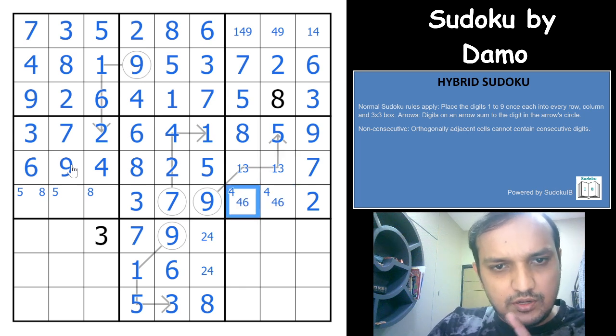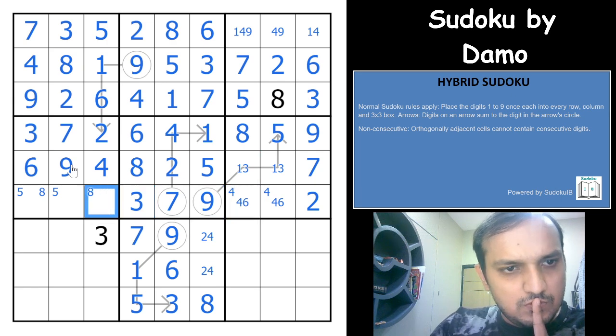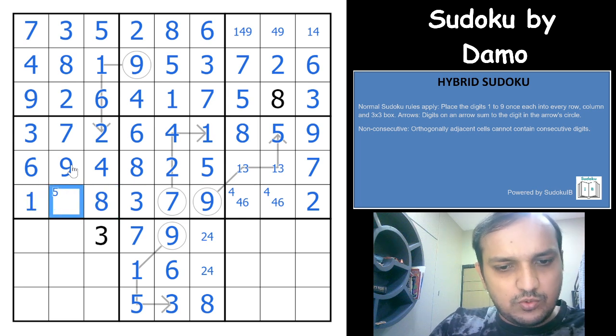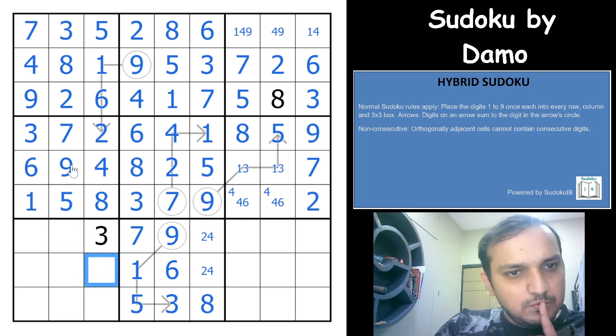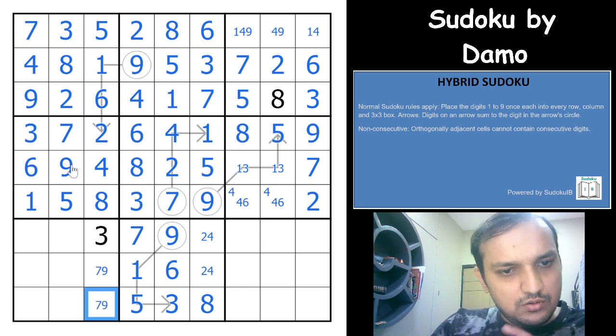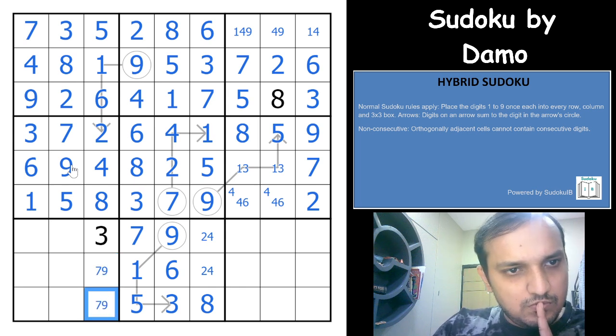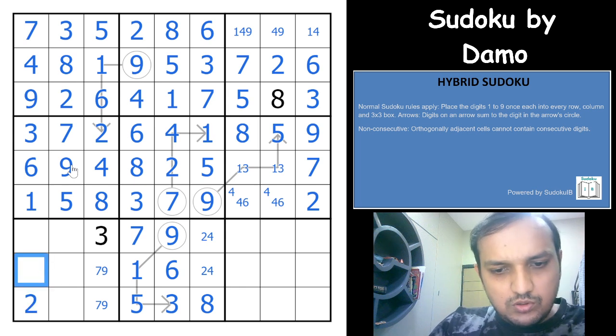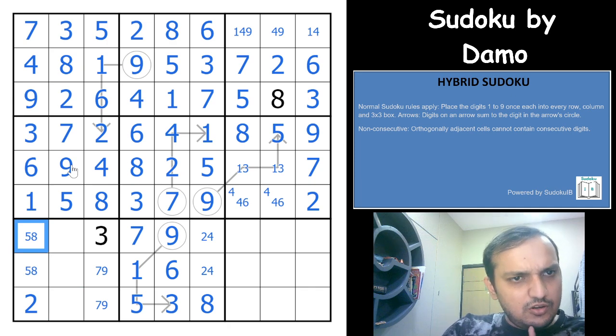So 4, 6 in any order. This is 8, 1 and 5, right? So 1 and a 5. 3 and, okay. 7 and 9 again. 2, 5 and 8. So this is 2, 5, 8 in any order.